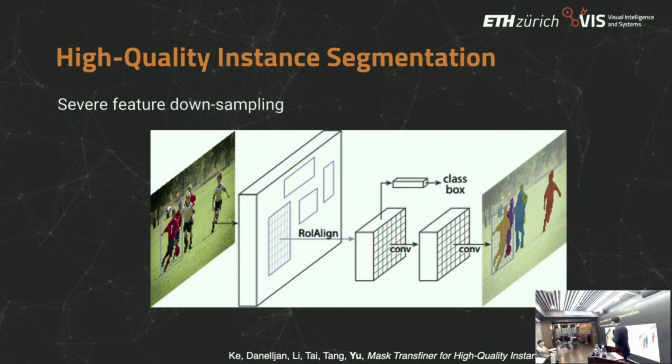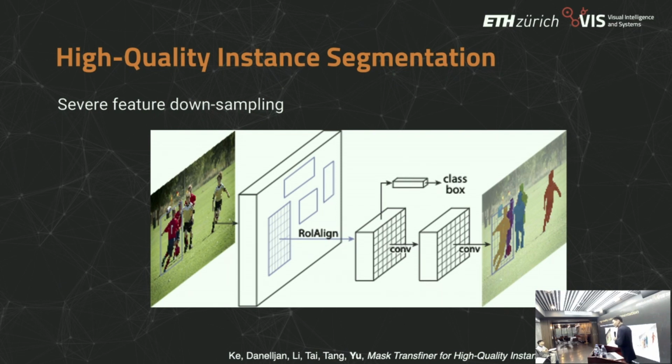Apparently, this is due to the severe feature downsampling, which is a necessary trade-off. Even if the original object has, say, 100 by 100 pixels on the original image, or even bigger, we have to first resize it into a smaller grid, such that we can use it to supervise the feature extracted by ROI align.